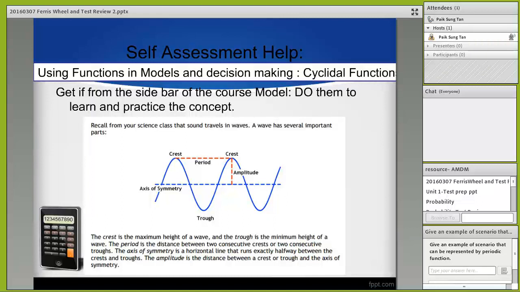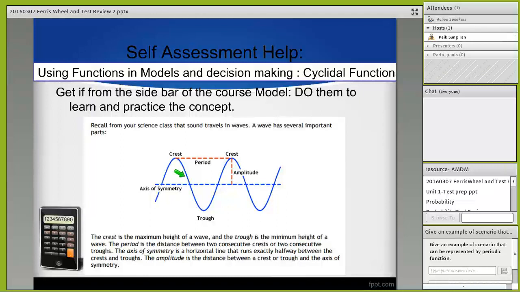So recall from your science class that sound travels in waves. A wave has several important parts. Okay. Its axis of symmetry, where the middle line is, right here. Then the crest, the tip, the highest point of the sound wave, and also the lowest point of the sound wave.